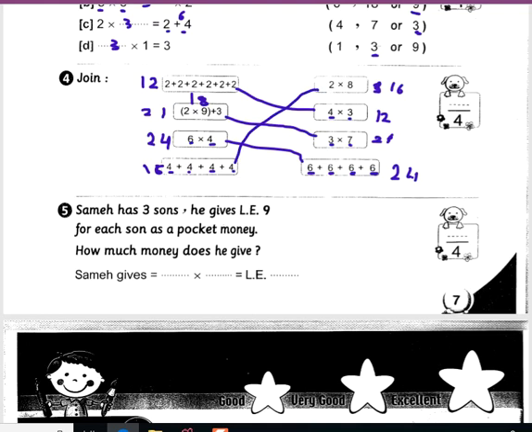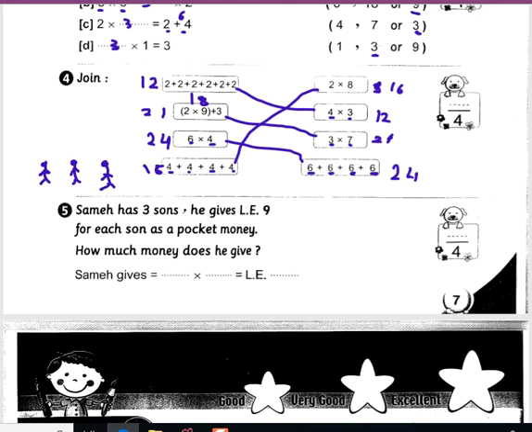Sameh has 3 sons. He gives 9 pounds for each son as pocket money. How much money does he give? He has 3 sons. One, two, three.